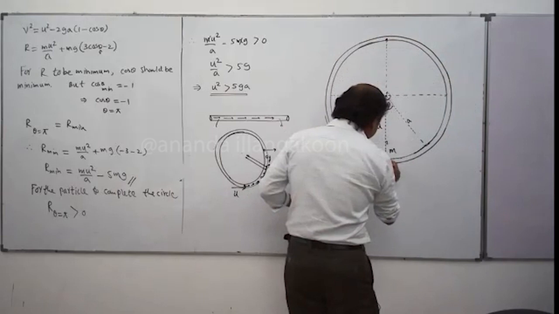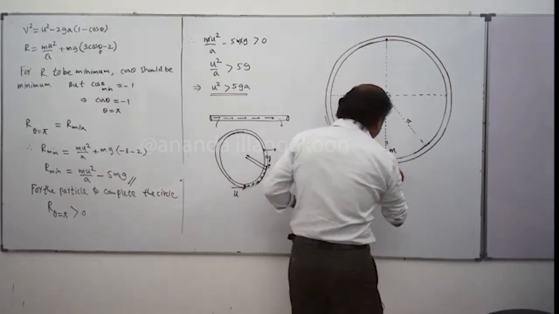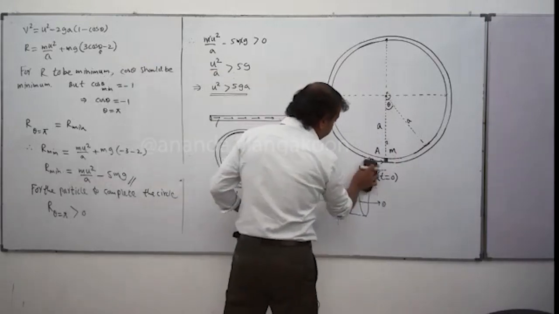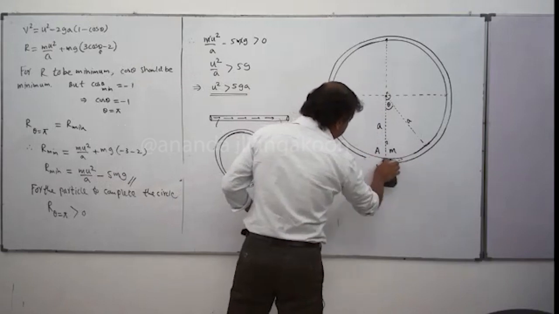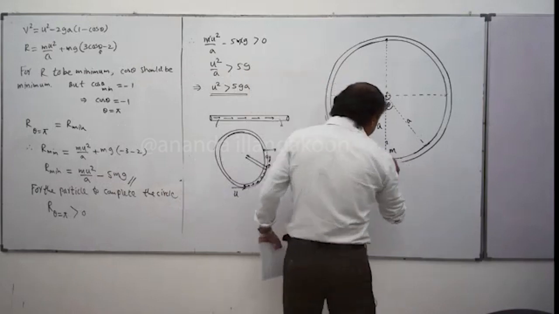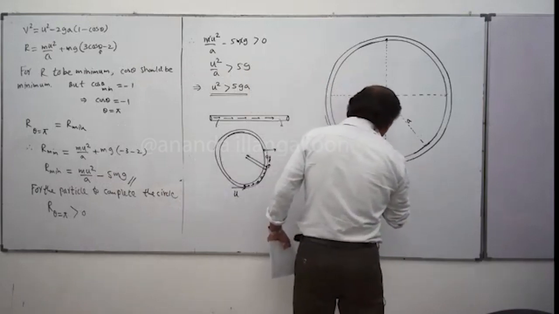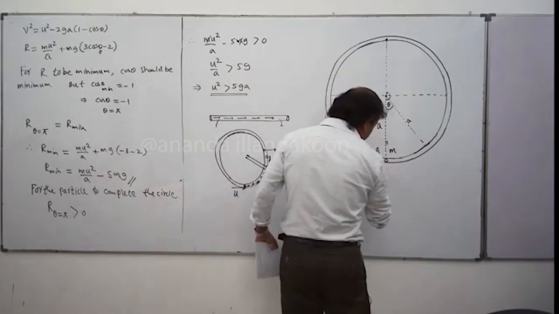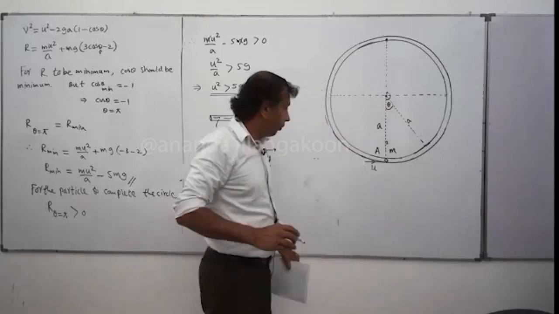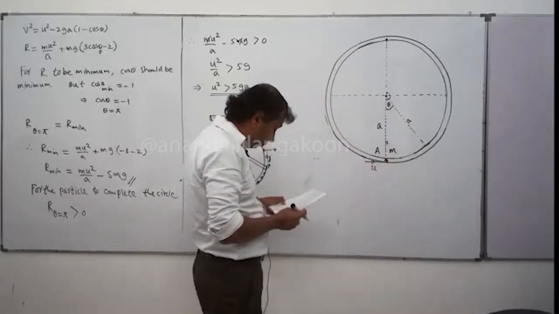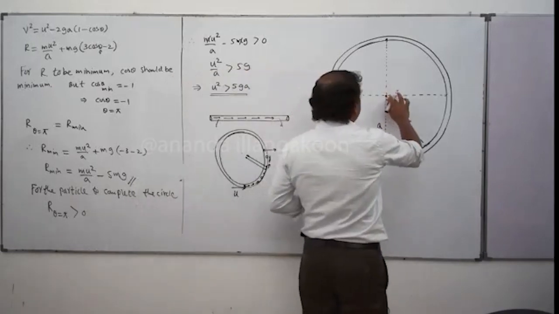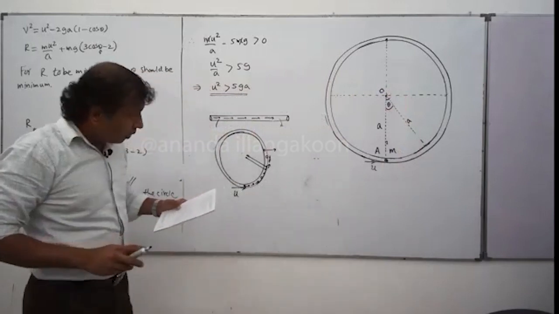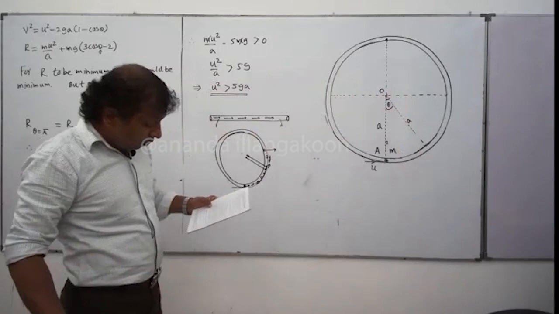This particle is given velocity u. Lowest point A of the tube bend is given a horizontal velocity u.